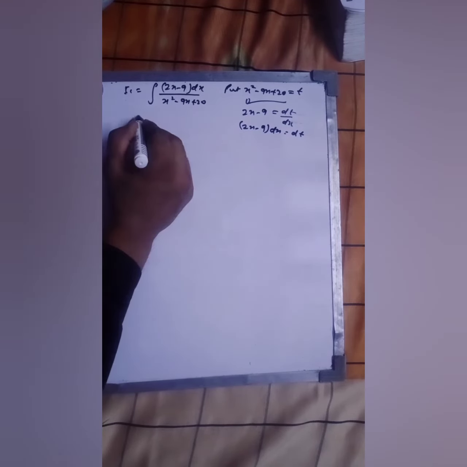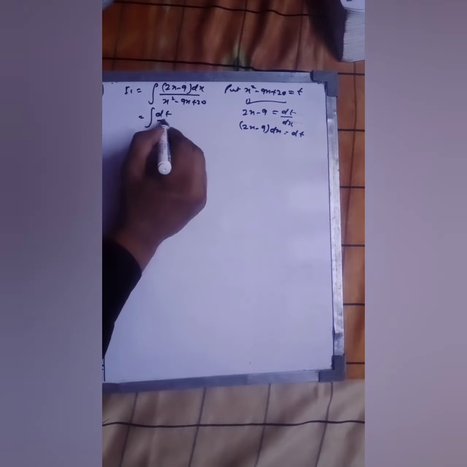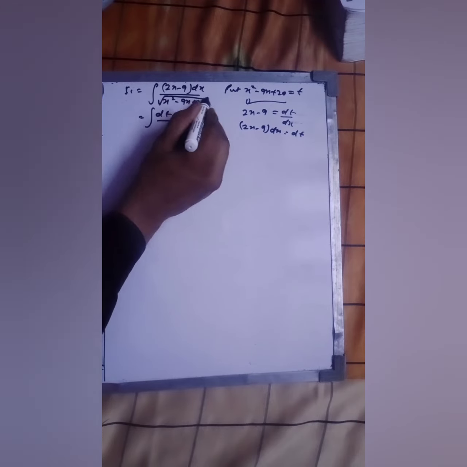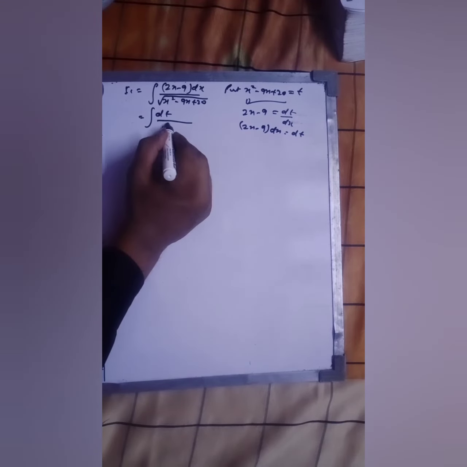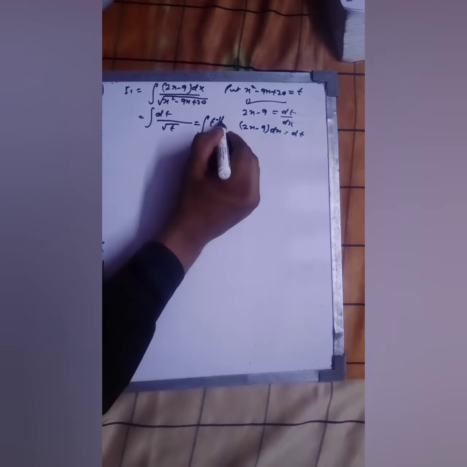When you solve it, you will get dt in the numerator, because (2x minus 9) dx is dt, over under root t. So this can be written as t raised to the power half into dt.